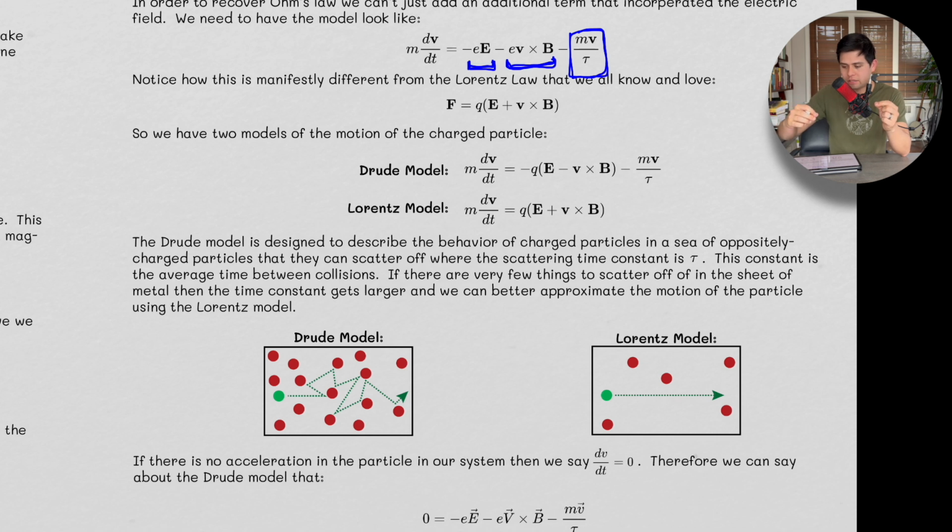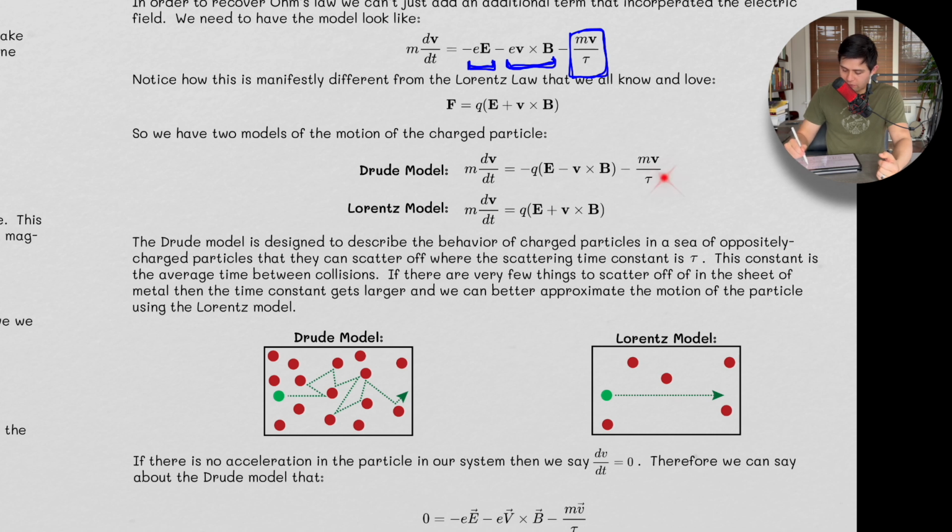And the time it takes for the particle to scatter between each object is encapsulated in this time constant, okay? This constant is the average time between all the collisions, okay?